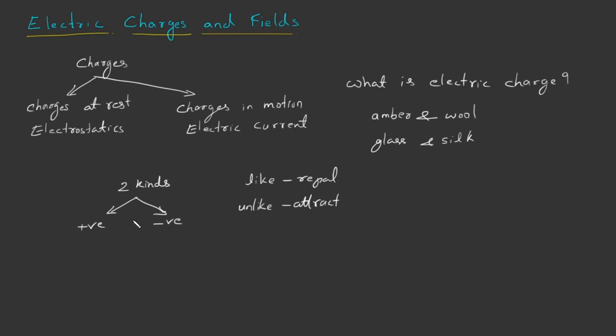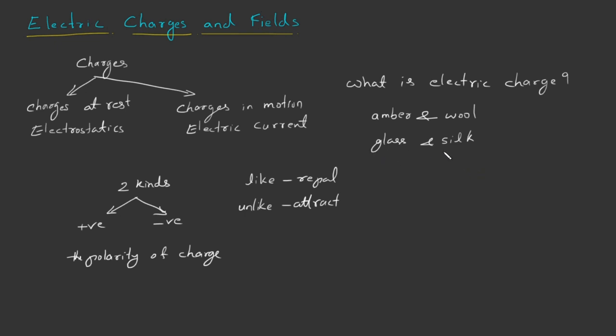There is some property which differentiates the two kinds of charges, and it is called the polarity of charge. There is always an interest in understanding which one will be positive and which one negative when two suitable materials are rubbed together.